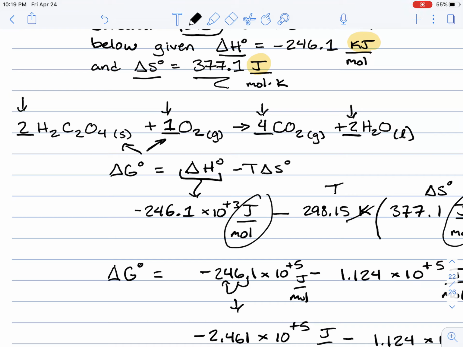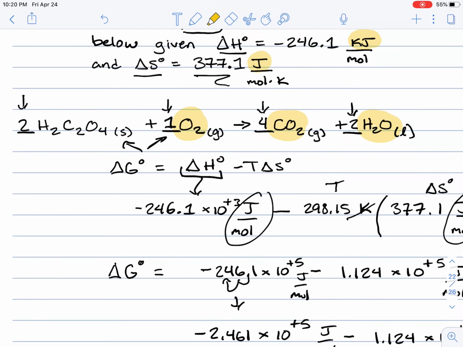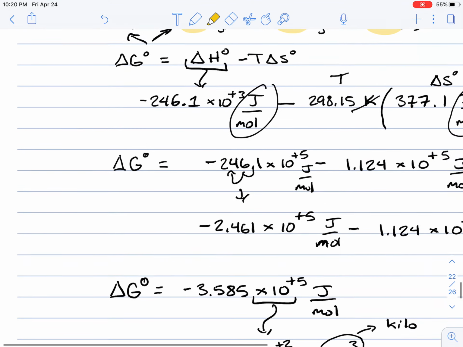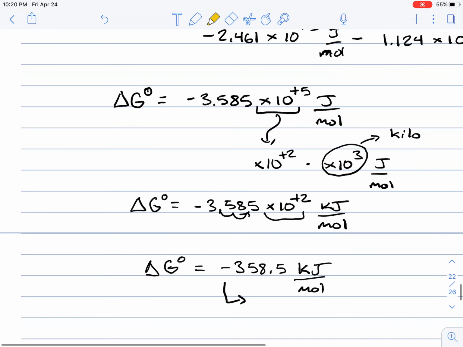So if you guys look at the products here, notice it's CO2 and H2O. And so this is an example of a combustion reaction. In addition, you guys have oxygen gas as one of your reactants. And so this negative value is telling us that this reaction will be spontaneous in the forward direction.